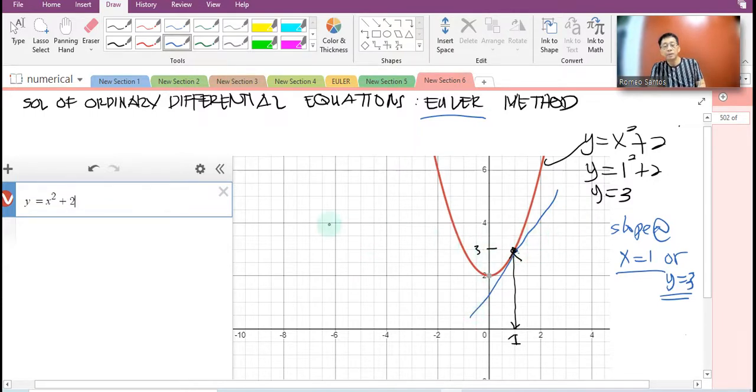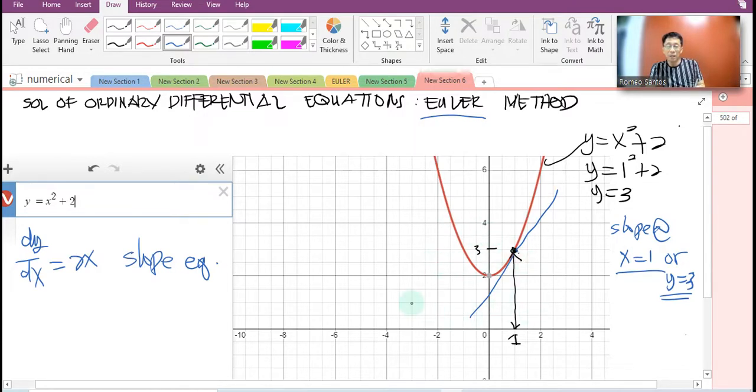First, for the ordinary solution, we solve this. dy/dx is equal to 2x. This is now the slope equation. Now, if we want to determine the slope at any point along this curve, which is a parabola, let us substitute the value of x.